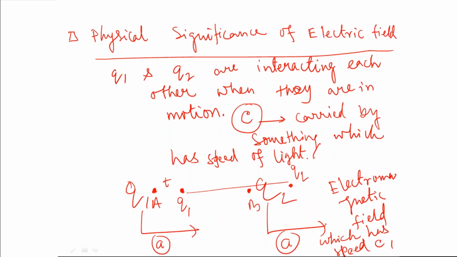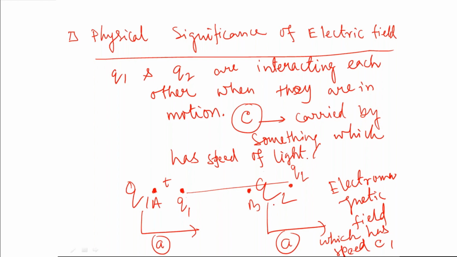I am just trying to make you understand that there is a necessity to define the electric field, or the concept of field. In electrostatics, it may not be that severe, but when the charges are dynamic, then the information, they are actually interacting with each other. There is no time delay between action and reaction.